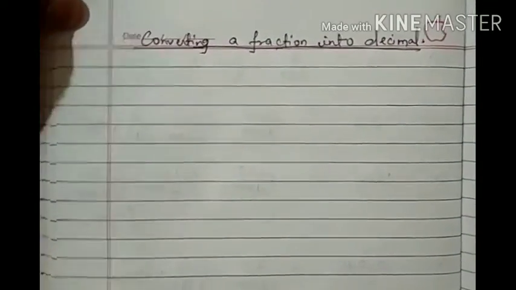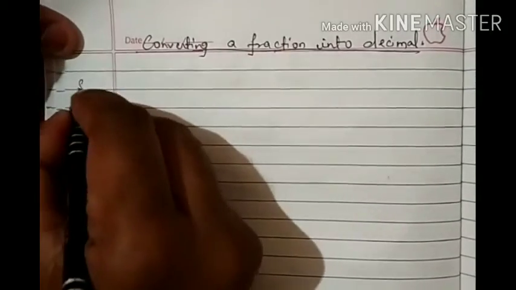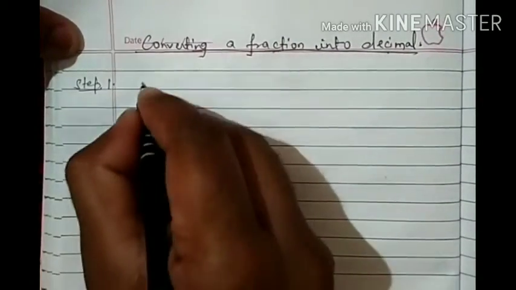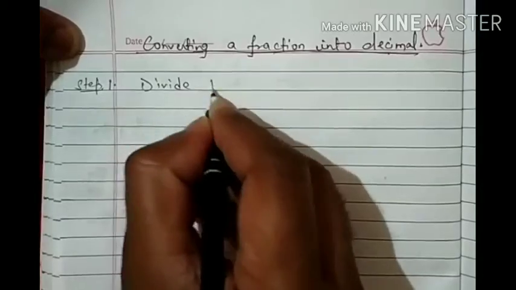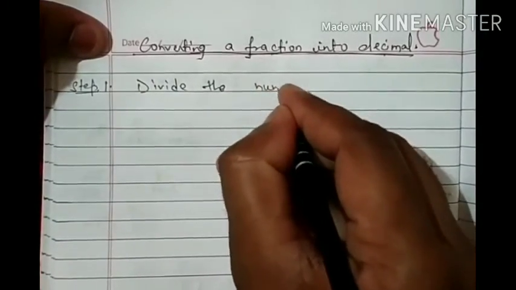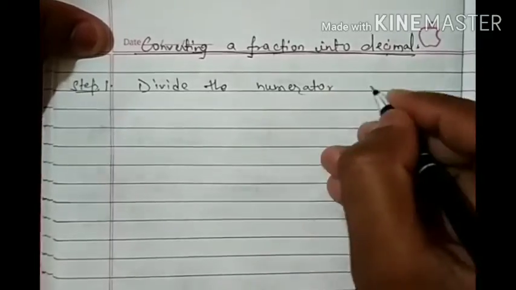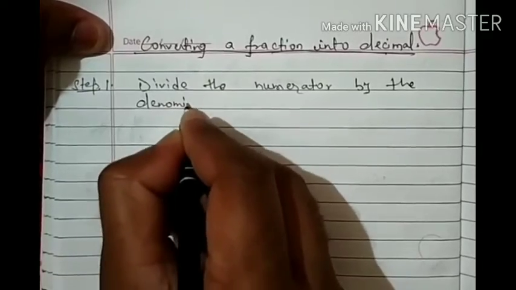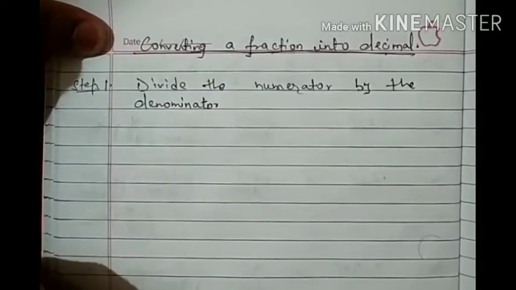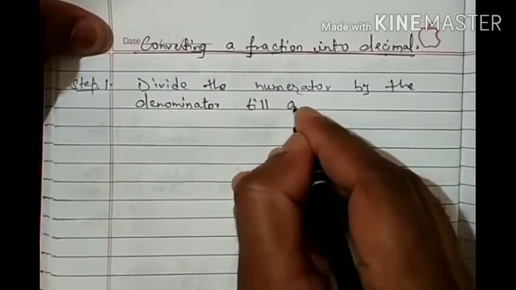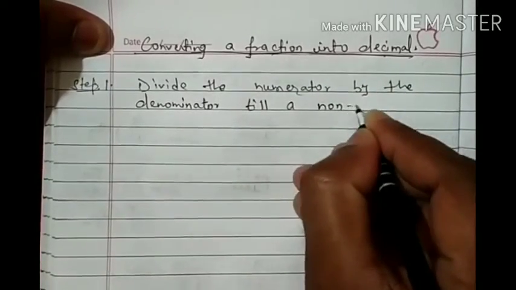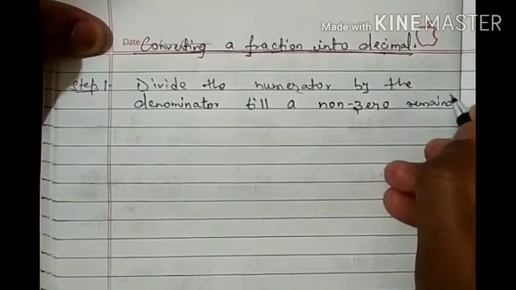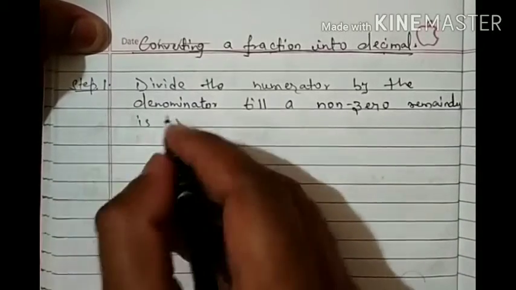We will again see the steps first of all. What are the steps we can follow for the conversion of fractions into decimals? Steps. First step, divide the numerator by the denominator till a non-zero remainder is obtained.